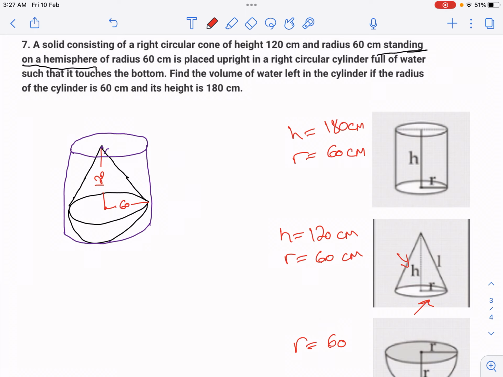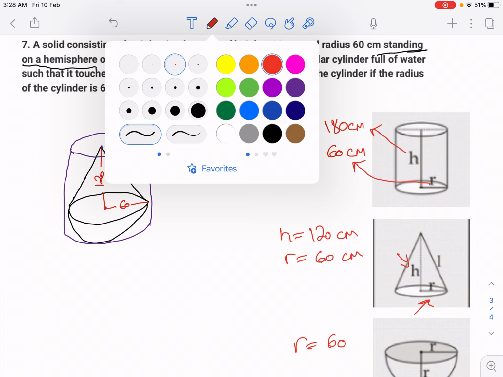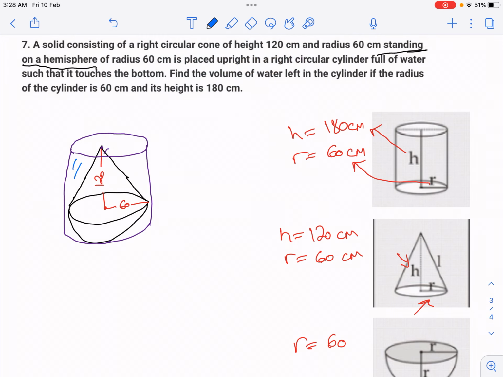So here we have the height, and here we have the radius. They need the water which is left inside the cylinder. This is the water which is inside the cylinder. They need to find the volume of this water.